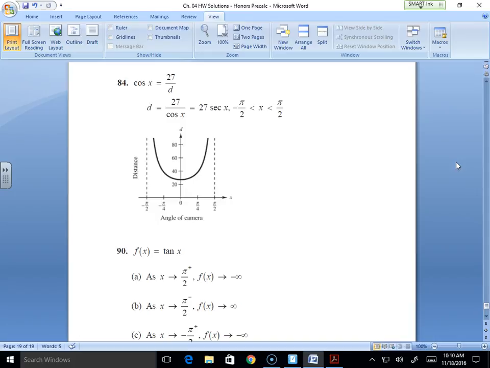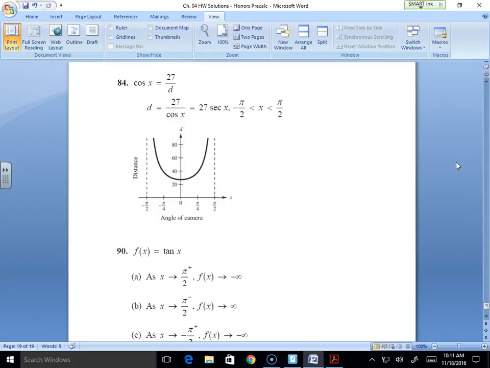Solve for, this is a little weird, solve for D according to the directions. I think it was distance, right? Yeah. They solve for the distance. And they got a function and they plugged that in their calculator. And they had their window be only between negative pi over 2 and pi over 2. I think all of that was stated.